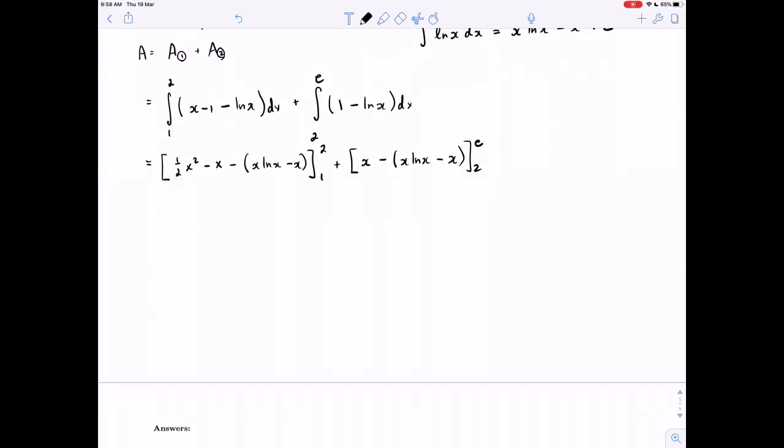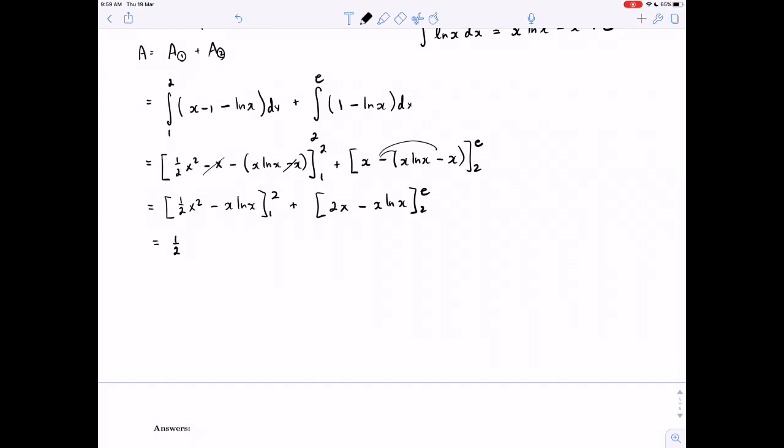Let's simplify a little bit within the brackets, and if we look, these x's are going to cancel out. So the first bracket will give me 1/2 x squared minus x ln x, evaluated from 1 to 2, plus, and in the second bracket, if we distribute this negative sign, negative negative will give me plus x. So I'm going to get 2x minus x ln x, and that will be evaluated from 2 to e.